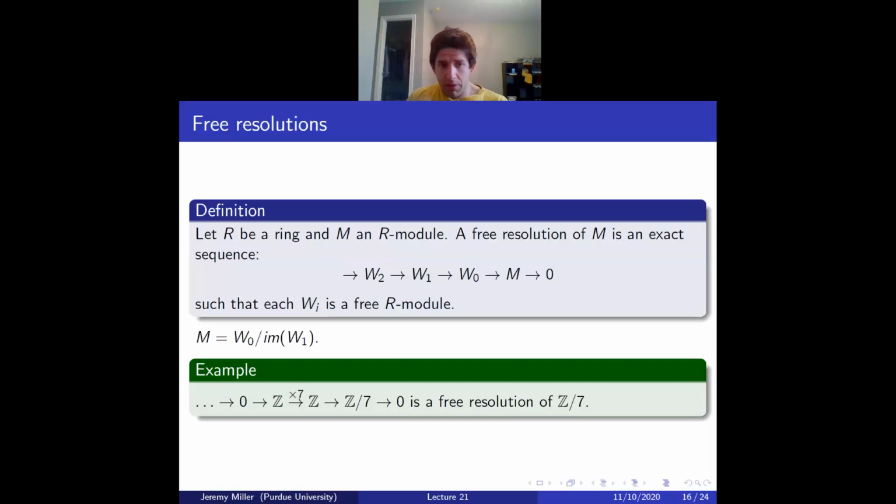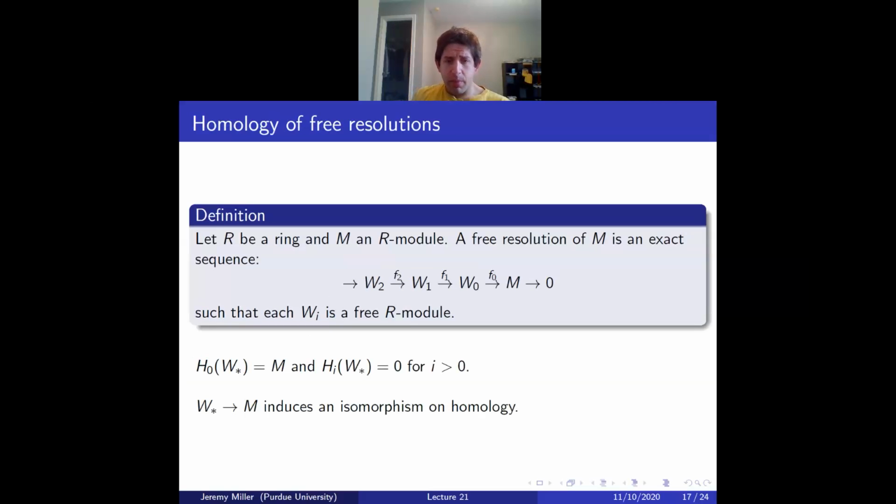For example, this chain complex that I talked about earlier is a free resolution of Z mod 7. You can rephrase what a free resolution is homologically as saying it's a chain complex where the zeroth homology is the group that you're interested in, and all the higher homology vanishes.